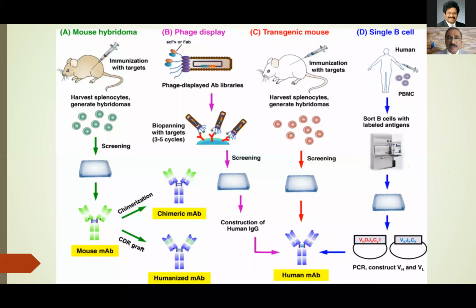Later on, we developed the transgenic mouse, a mouse that is genetically modified to humanize its immune system. Human genes were introduced, so these mice can produce human monoclonal antibodies when you inject the antigen.